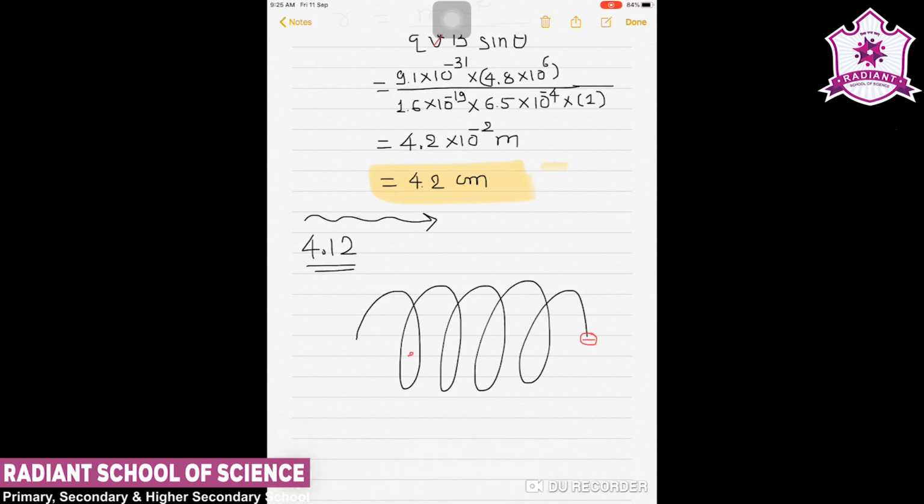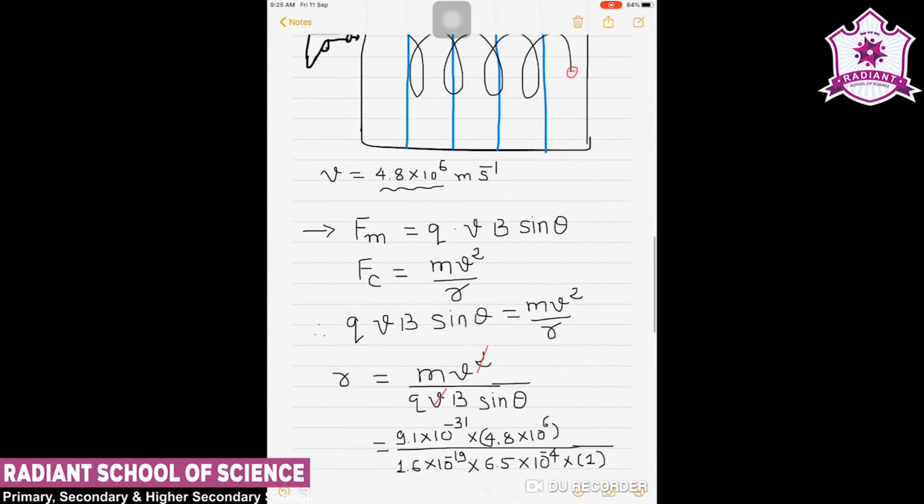For that, we need to find this radius that we have obtained in this example. Now if we compare it with our equation of frequency, frequency is given by qB upon 2 pi m, that we have already obtained in our theory.